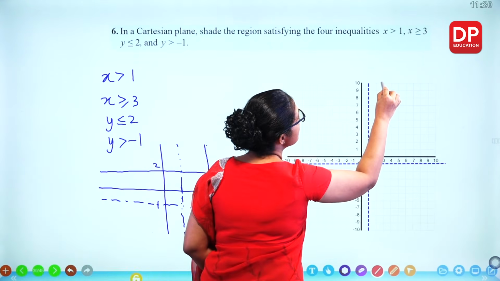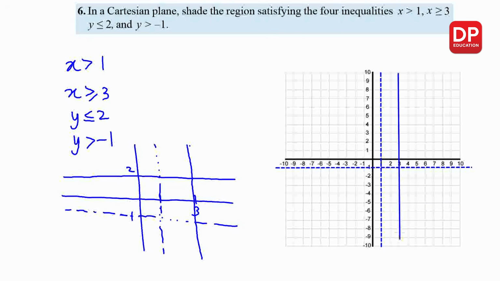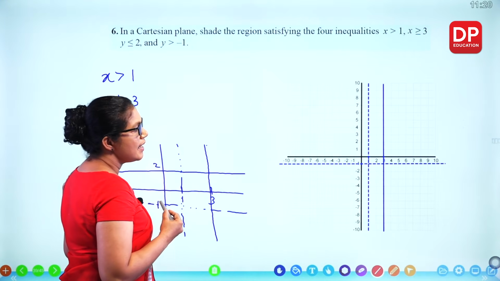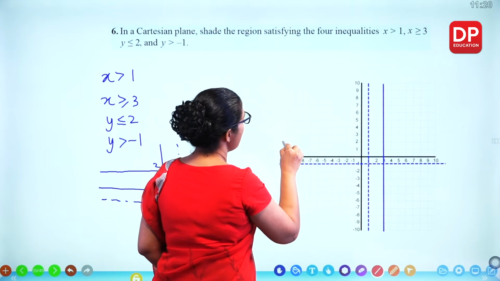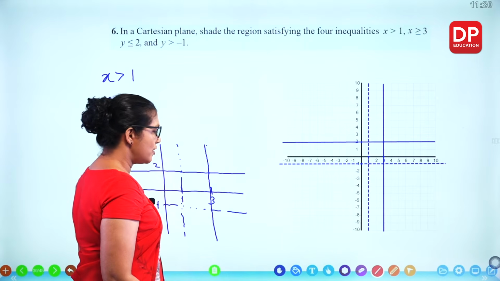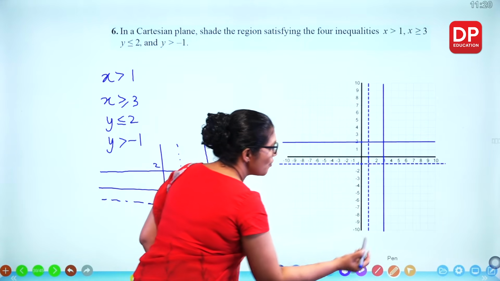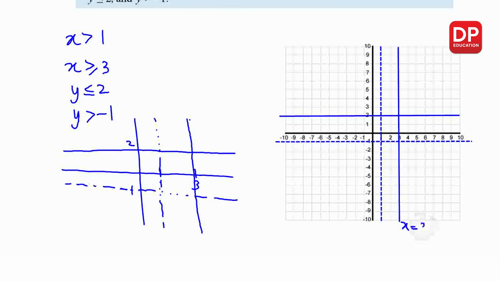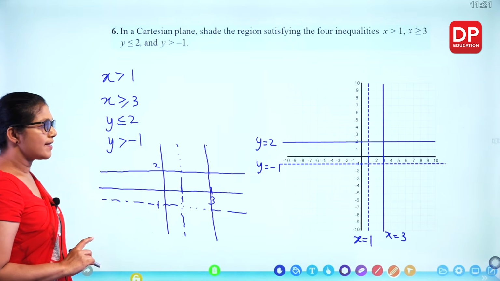So I can draw the x equals 3 line and the y equals 2 line. So these are the lines. We'll mark them: x equals 3, x equals 1, y equals 2, y equals minus 1. Those are the four lines.